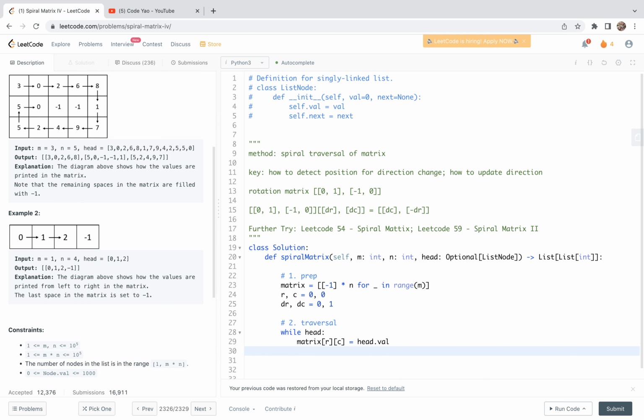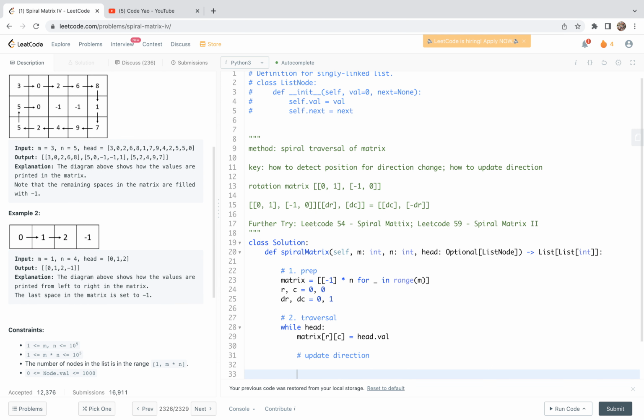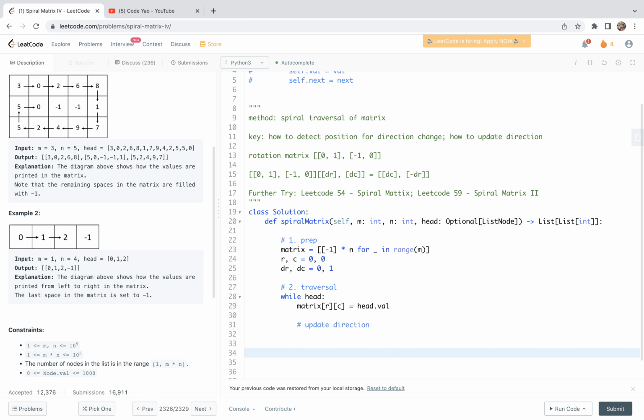Once this is done, we want to update the direction. After detecting the direction, we are going to move to the next height in the list. Then we are going to return the matrix. That's the overall structure.